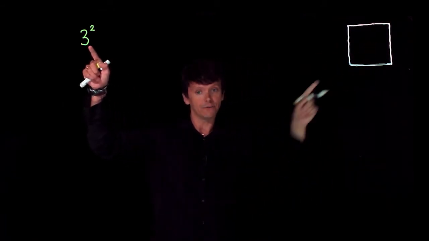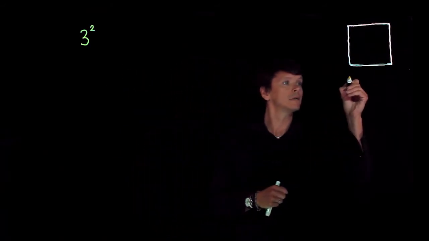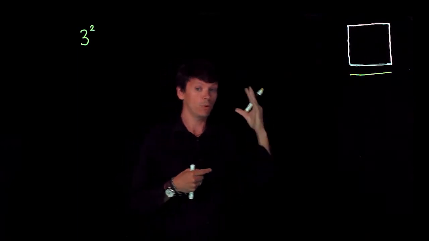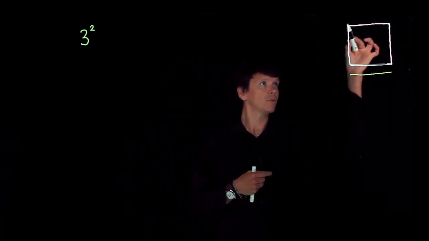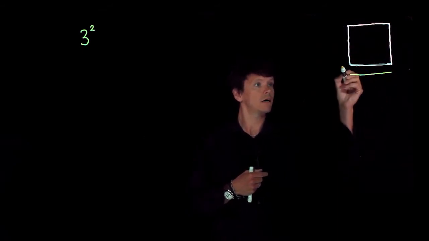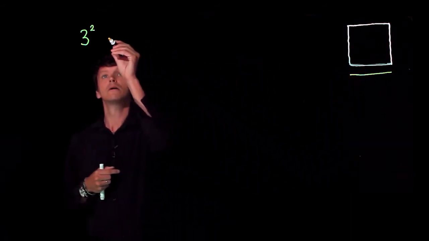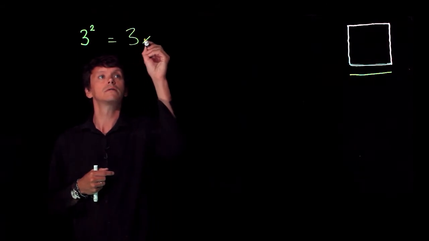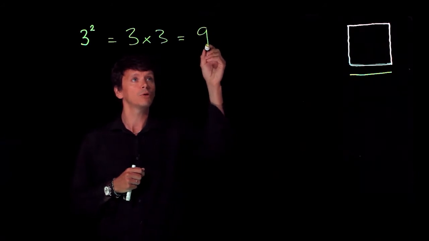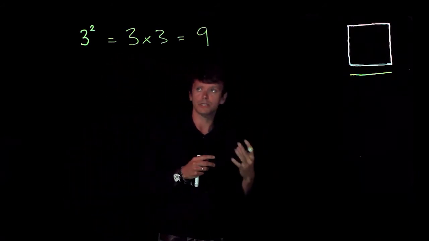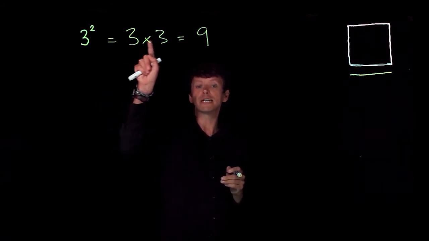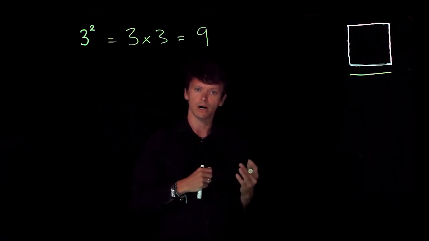If the side length of this shape was 3, the area of that shape, being a square with all 4 sides the same, is going to be 3 times 3, which equals 9. Not putting any units in here for now, it's just thinking about the numbers. So 3 squared just means take the number 3, multiply it by itself, it equals 9.